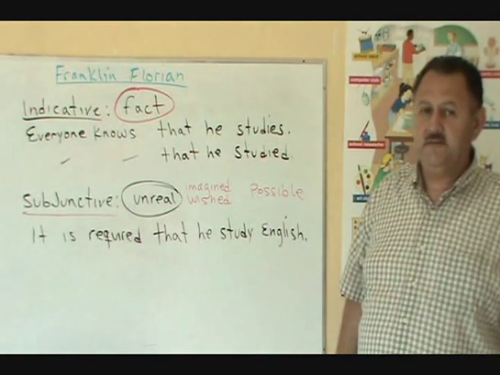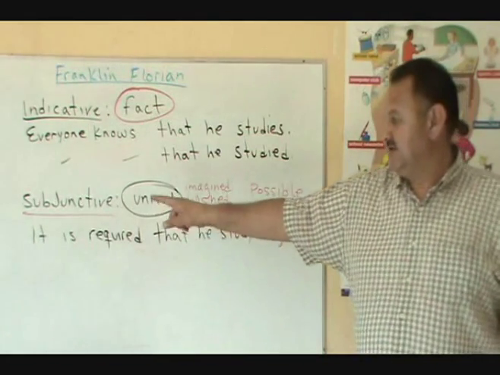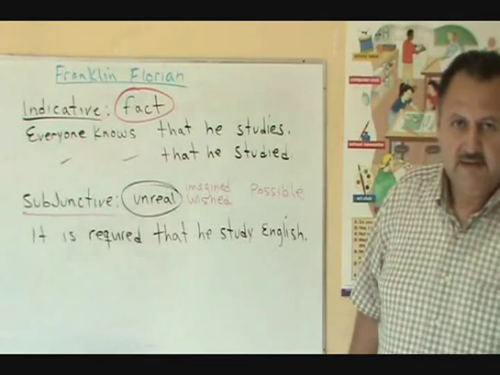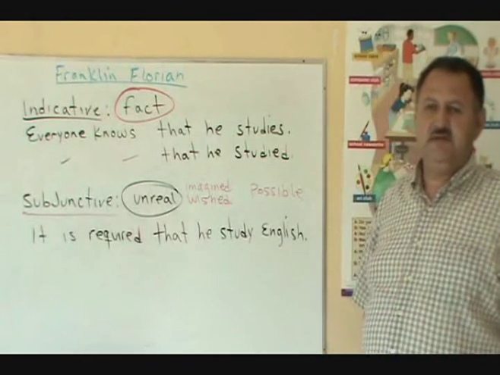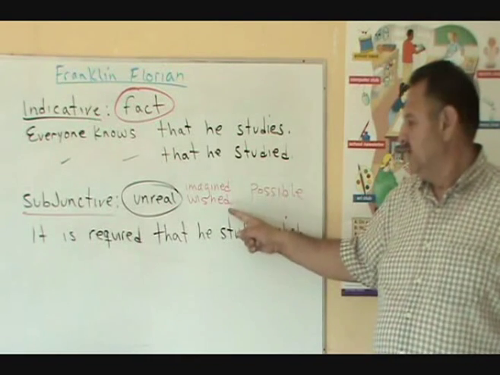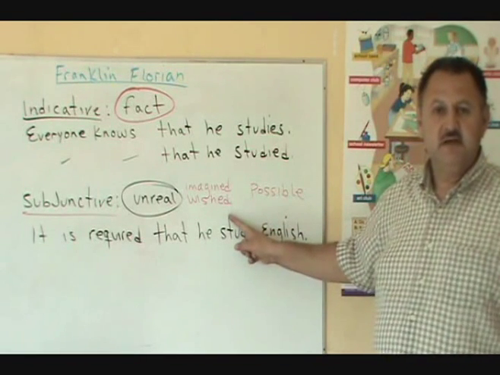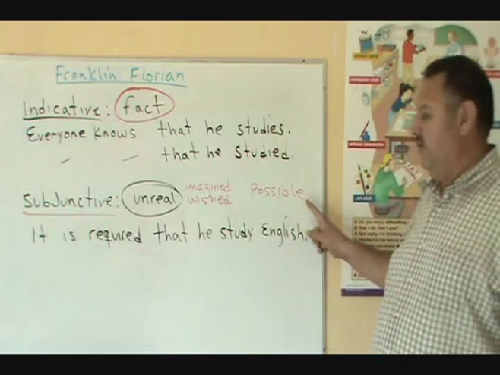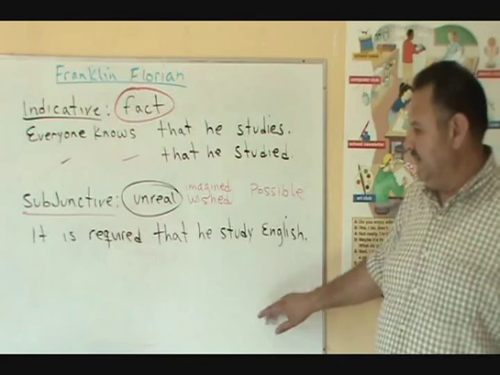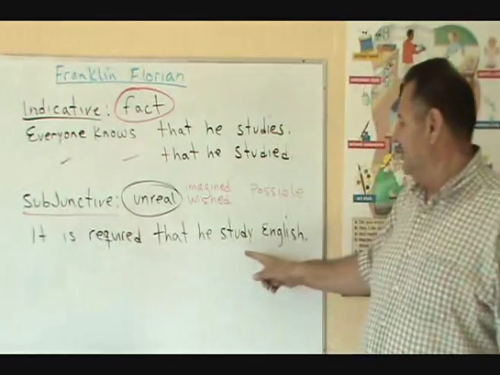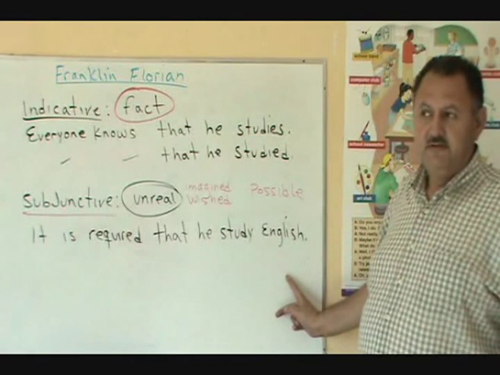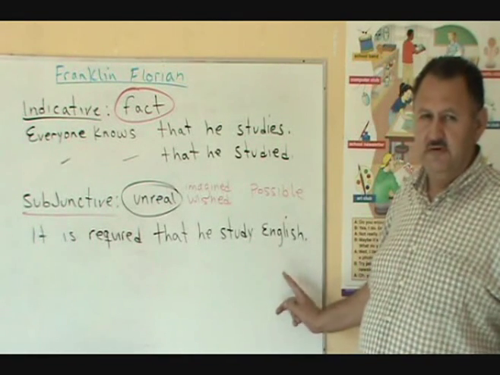But now, look at the subjunctive. The subjunctive is something that is technically unreal. Technically it is not real, it hasn't happened, or it's imagined, wished, desired, or possible. And here's an example. It is required that he study English. Did you notice that?